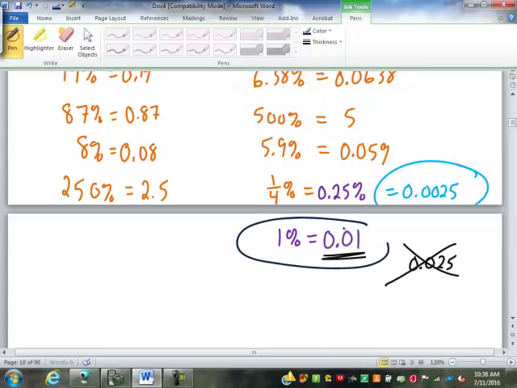This is what I call benchmarks. And when I work with percents, I use a lot of benchmarks. In fact, when I do any of my calculations, I use benchmarks. I know just by looking at it, it has to be bigger or smaller than certain things, so I keep that in my mind: if I get an answer that's different from what I expect, I'm going to double check this.